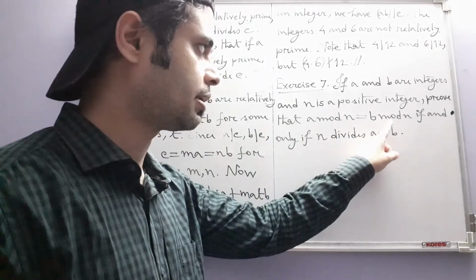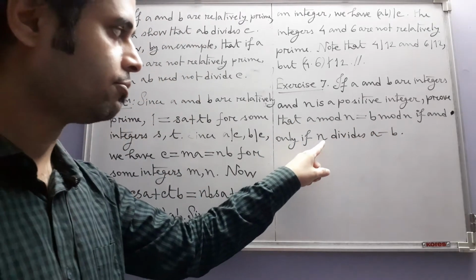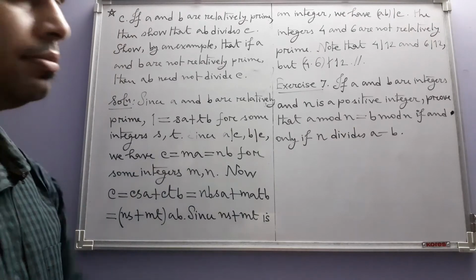Those remainders are equal if and only if n divides A minus B.